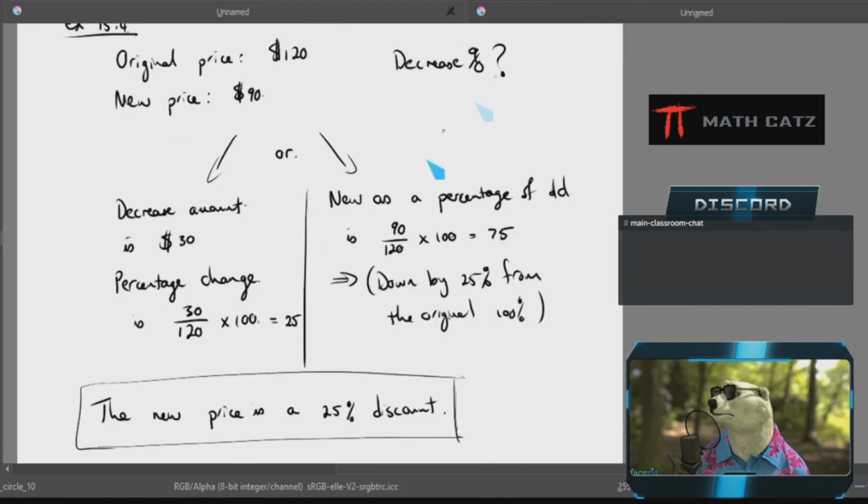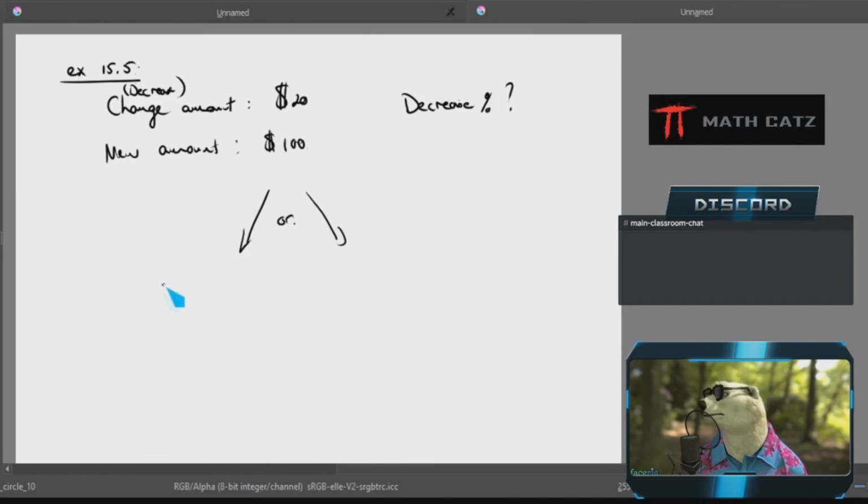Just in the same spirit as the previous one, I focus on the decrease amount. However, when I look at the percentage, it's relative to the original. It's relative to the original. So I am going to have to find what is the original amount.